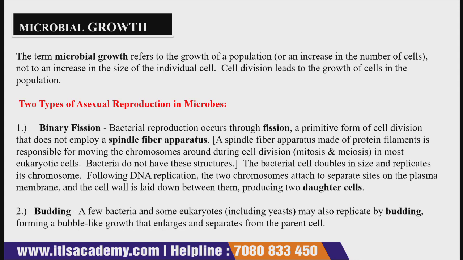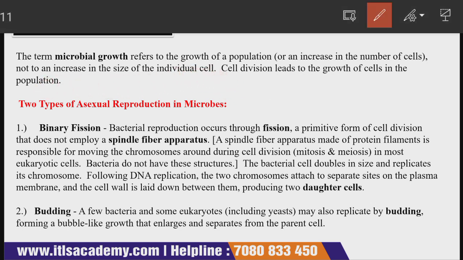Microbial growth. The term microbial growth refers to the growth of a population, or an increase in the number of cells, not to an increase in the size of an individual cell. Cell division leads to the growth of the cells in the population. So simply, microbial growth refers to the growth of a population.